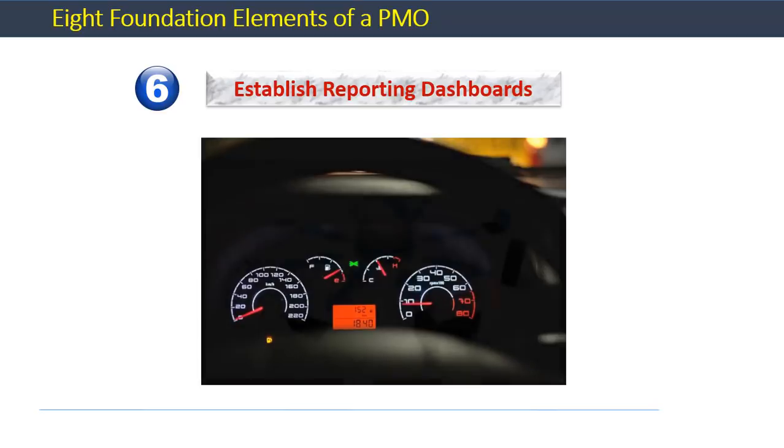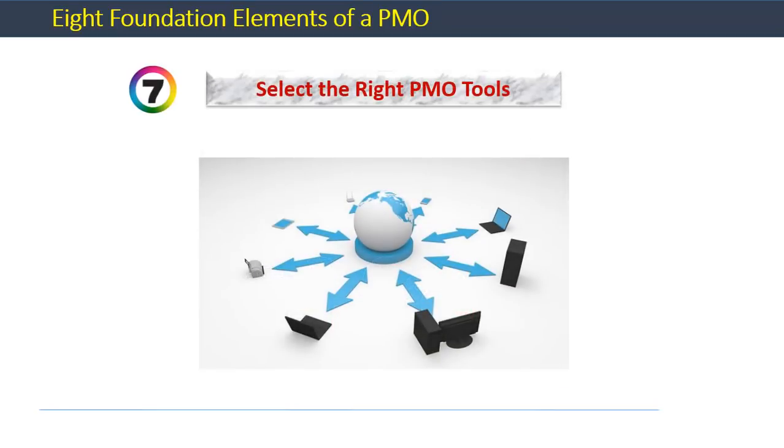The seventh step in the setting up of the PMO has to do with selecting the right PMO tools. Now, setting up of the PMO tools is important because the right tools at the end will enable and facilitate the execution of your PMO's functions and processes.